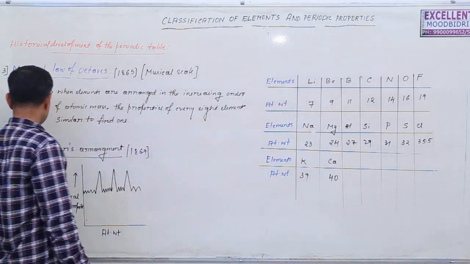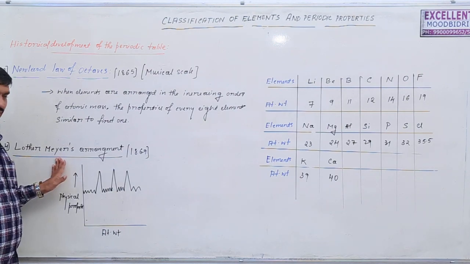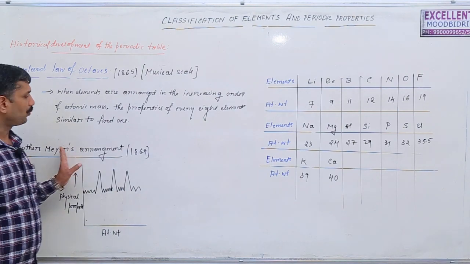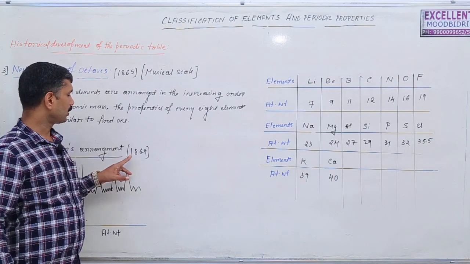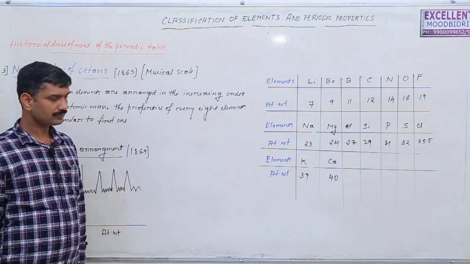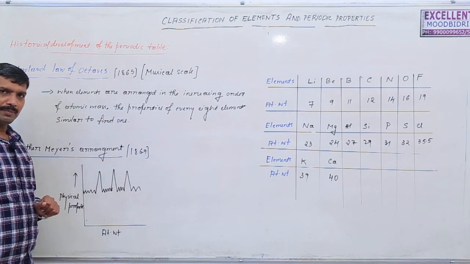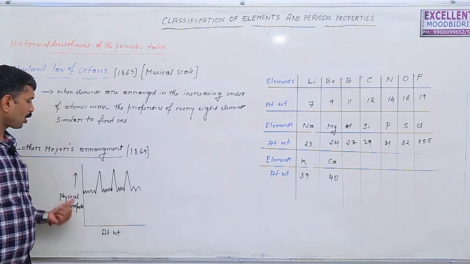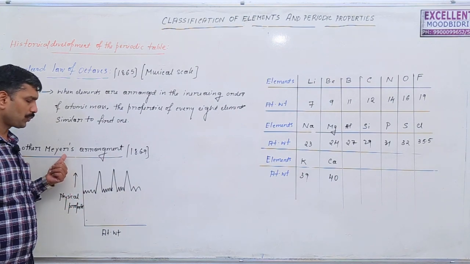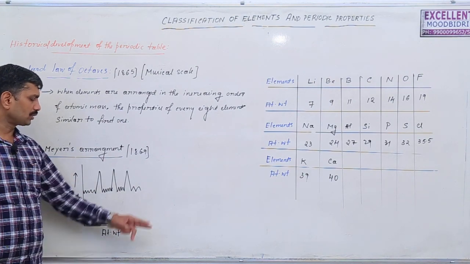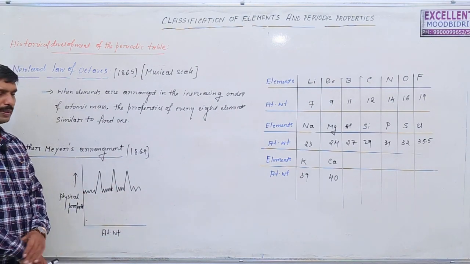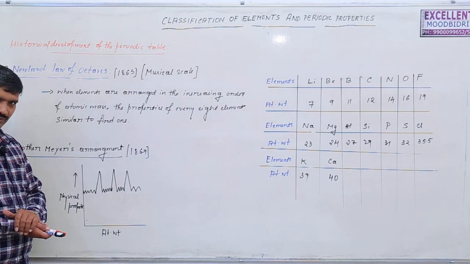Next, one more scientist: Lothar Meyer's arrangement. He developed the periodic table in 1869. Actually, he drew a graph by taking the physical properties of the elements, with atomic mass along the x-axis.